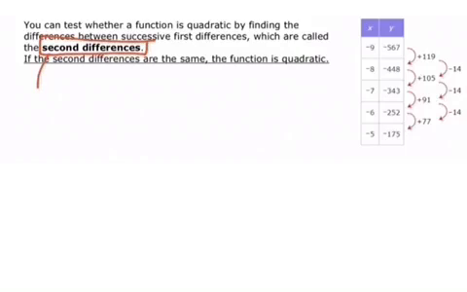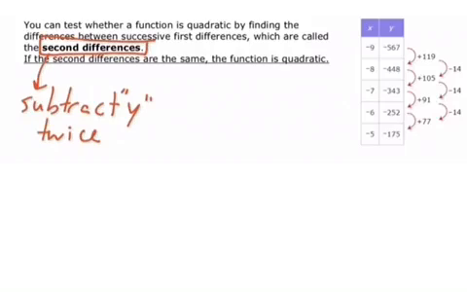Now, second differences means that you should be subtracting twice. If you subtract the y value twice and you get the same number, that's how you know that it would be quadratic.